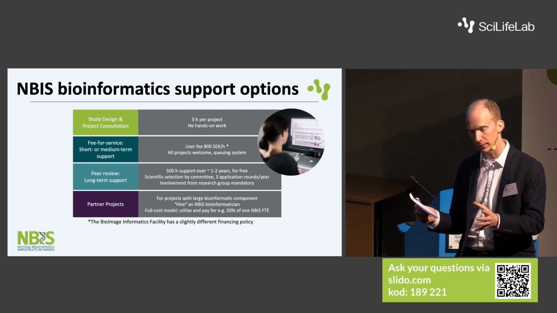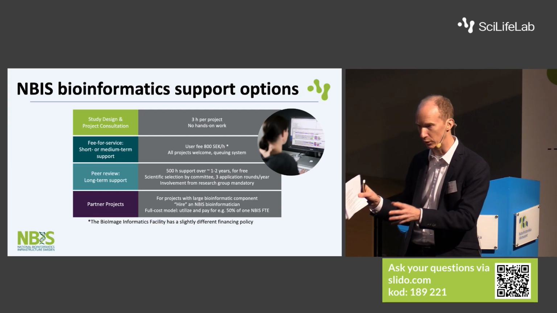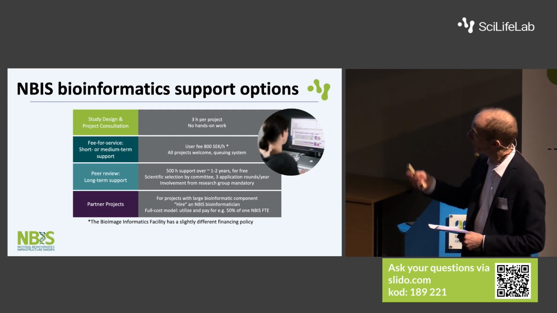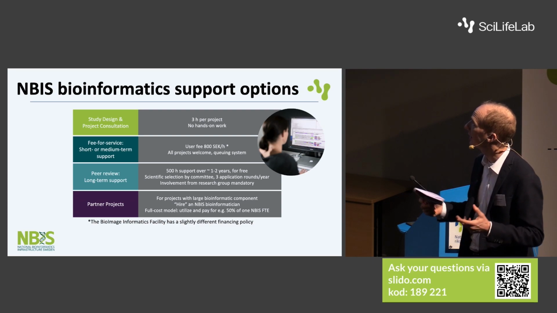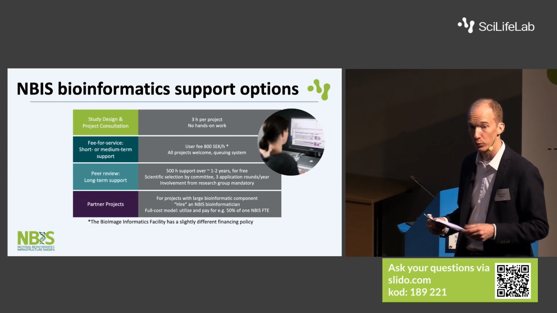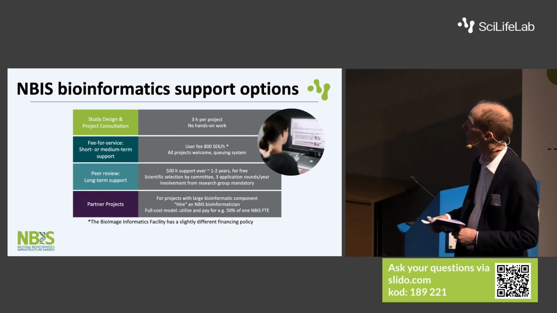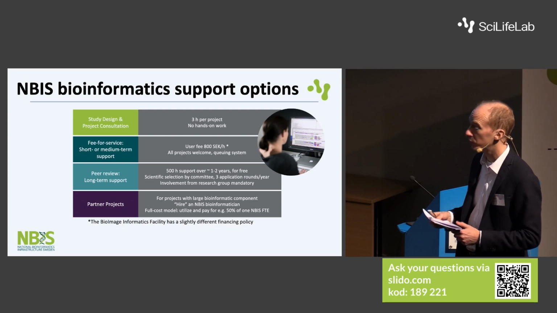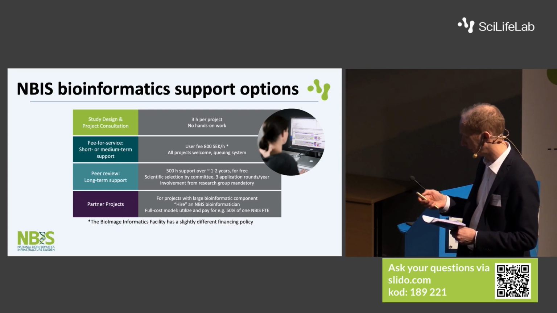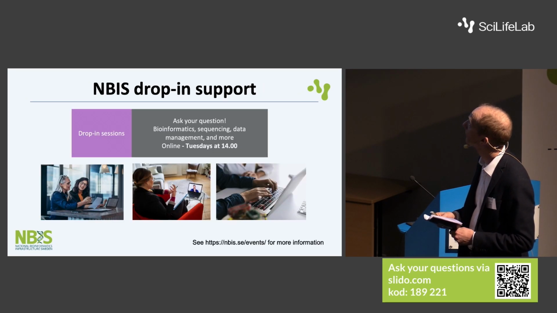So it's not just performing analysis, but actually transferring the knowledge how to do this. And also the option of partner projects where you can hire a bioinformatician to work in your team under various conditions. So please, you can reach out to NBIS for discussion of these different options, what they mean and what sort of projects they can support.